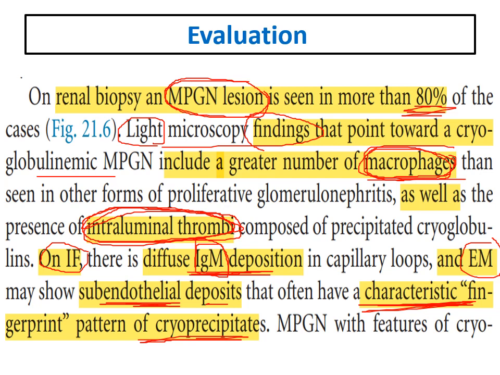In immune fluorescence, there is diffuse IgM deposition, and in electron microscopy there are subendothelial deposits and a characteristic fingerprint pattern of cryoprecipitate. These are the renal biopsy findings.